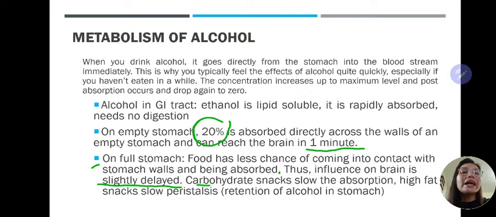Because carbohydrate slows the absorption, high-fat snack slows peristalsis. Peristalsis is the retention of alcohol in the stomach. Okay, so it is a great advantage for you if you have eaten before you will engage in drinking alcohol.